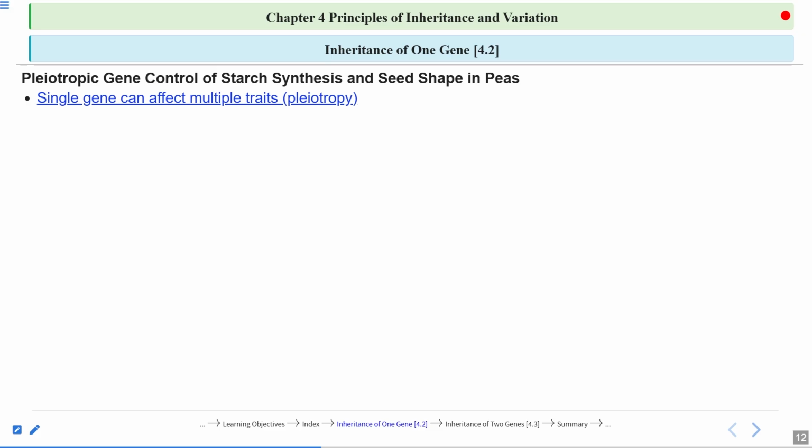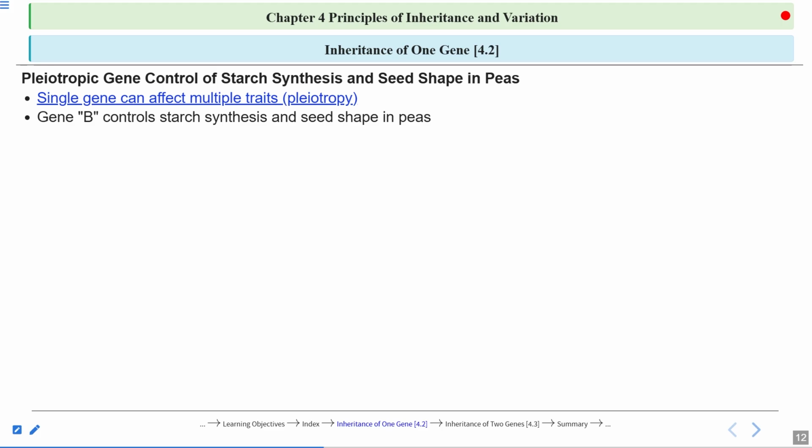So what happens usually? A single gene controls only a single trait, a single character. But if a single gene affects multiple traits, it is known as pleiotropy. Now let's understand this with an example.